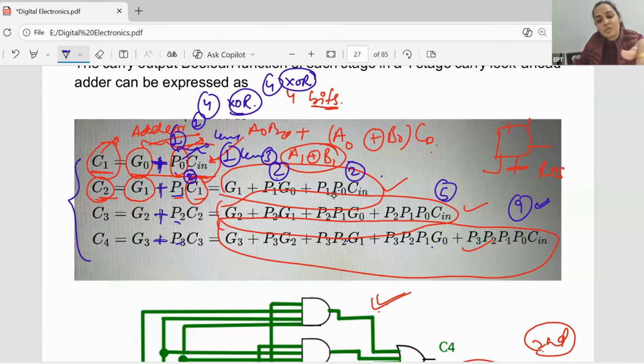And if you take 2-input gates, then at this step you will need 3, at this step 3, and here you will need 2. Yes, here you need 2, here 2, here 3 like this. Here you will need 1, then 2, then 3.